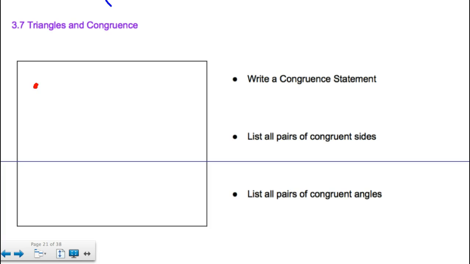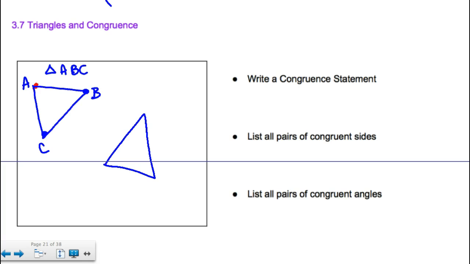I'm going to call it A, B, C. We're going to label it triangle A, B, C. Okay, and then I'm going to go tilt one over here on purpose, and I'm going to call this triangle.